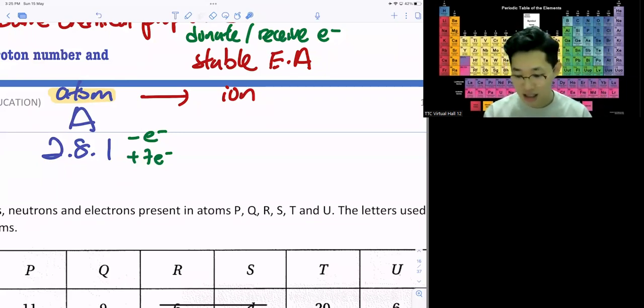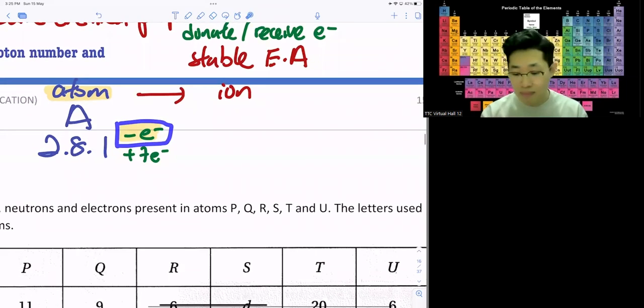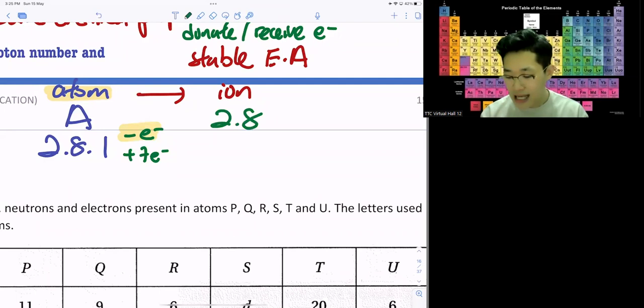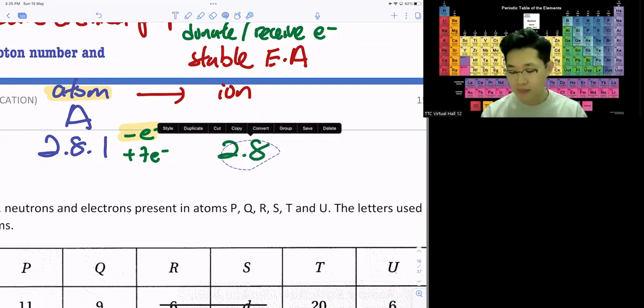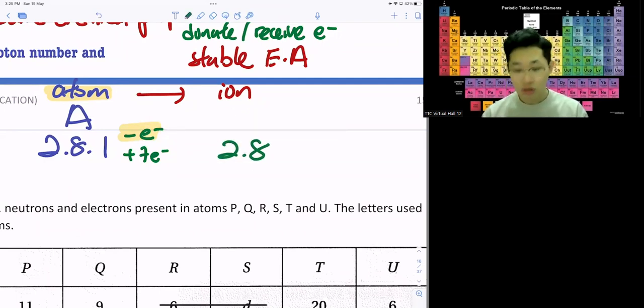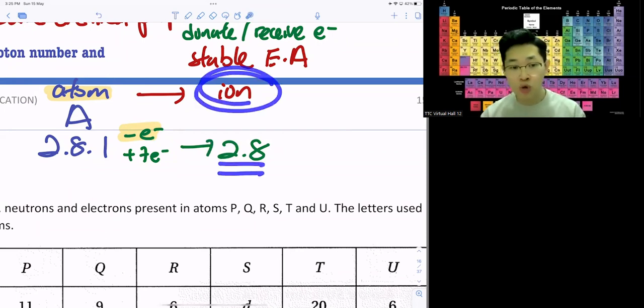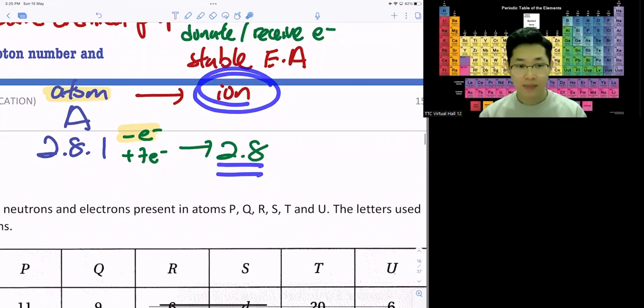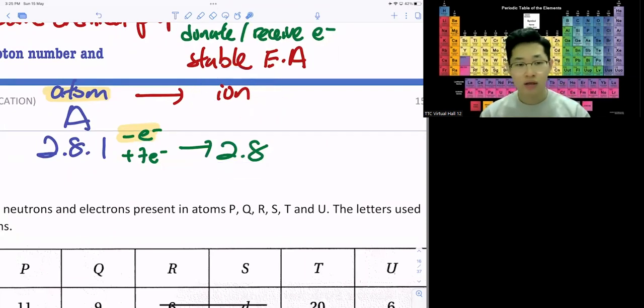Minus 1, right? Then we will go for this method. Donate the 1 electron and make it 2, 8. So the electron arrangement of the ion will be 2, 8. I throw the 1 electron away to make it look perfect.